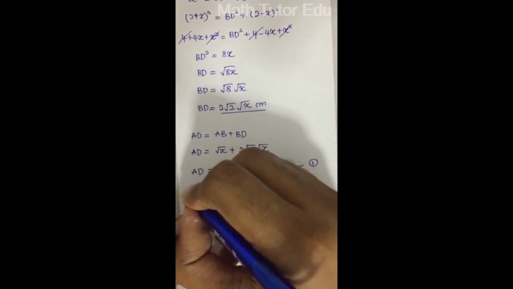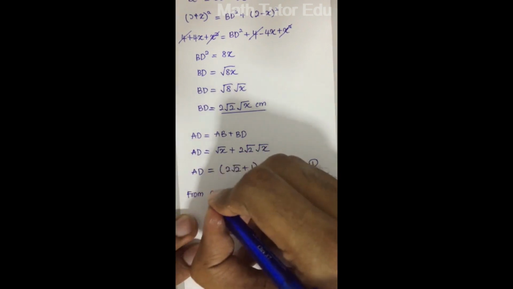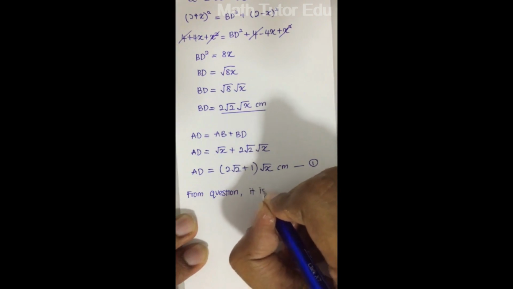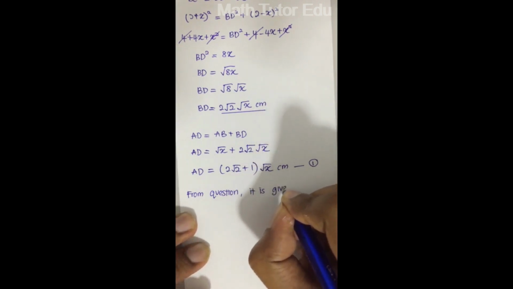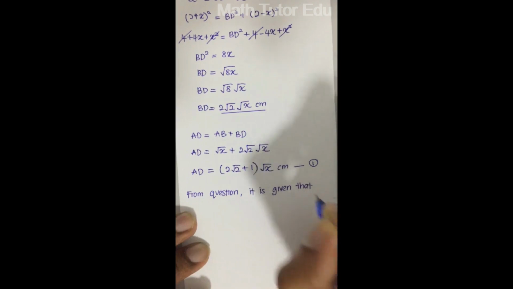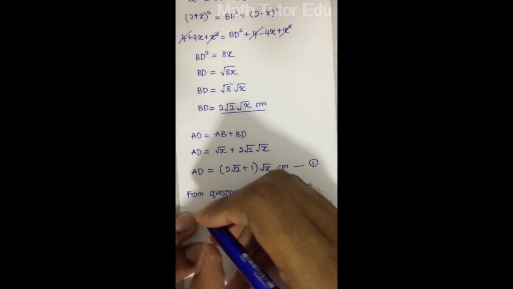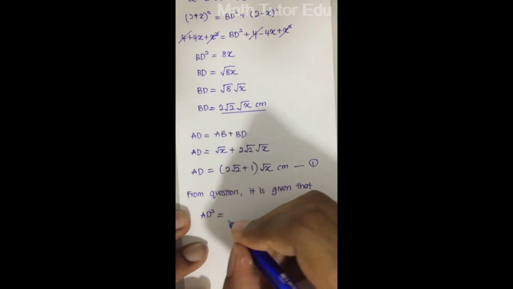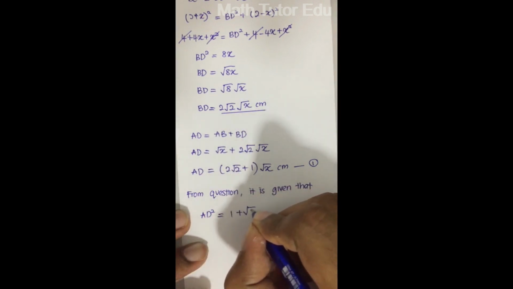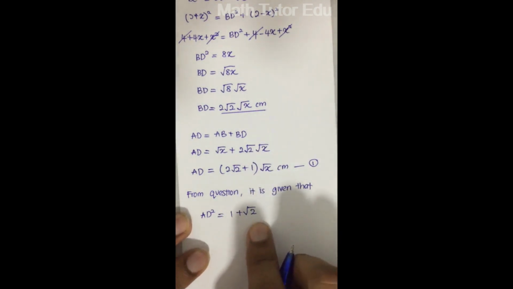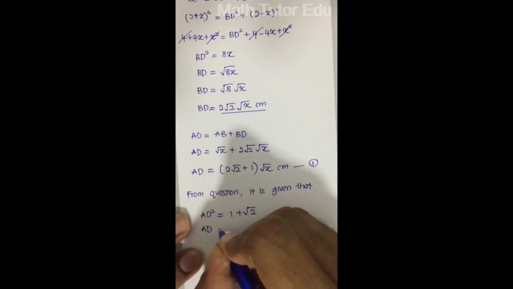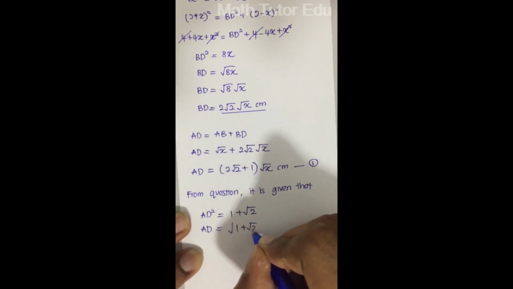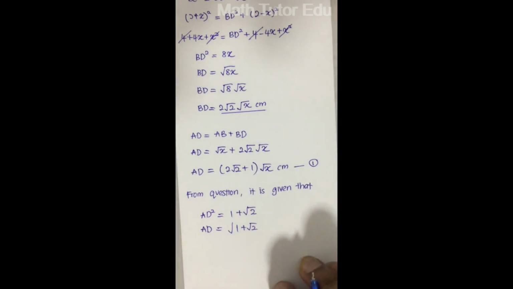So from the question, it is given that AD square is equal to 1 plus surd 2. So when you square root, AD will be equal to the square root of 1 plus surd 2.